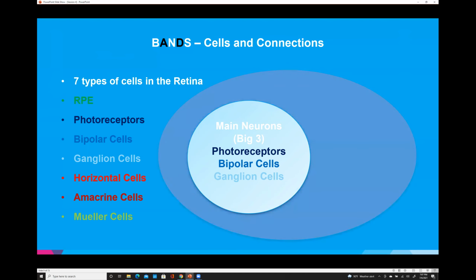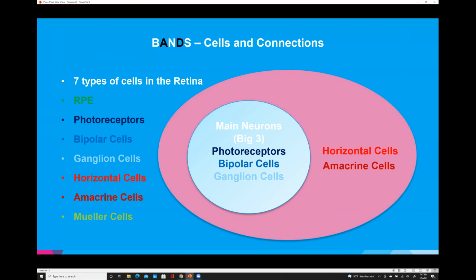But then we have another set of what I call support neurons. This is like the starting 5, right? This is the horizontal cells and the amacrine cells. They're still neurons, but I call these guys summation neurons. They take a bunch of information from different groups of the big 3 and sometimes other cells, and put it all together and help out.